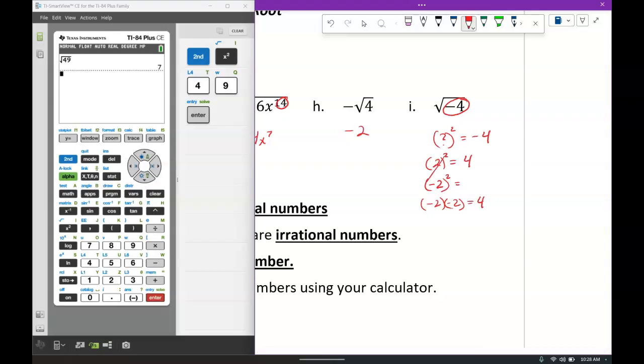So neither 2 nor negative 2 work. As a matter of fact, there is no real number that when squared equals negative 4. And so we have an imaginary number. For now, we'll refer to this as just non-real. We'll say that the solution is non-real. Much later in the chapter, we'll start to work with those complex numbers that are non-real.